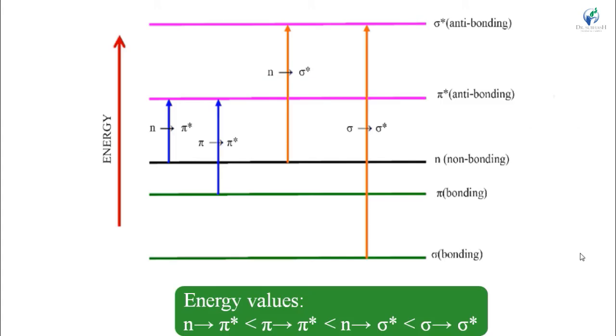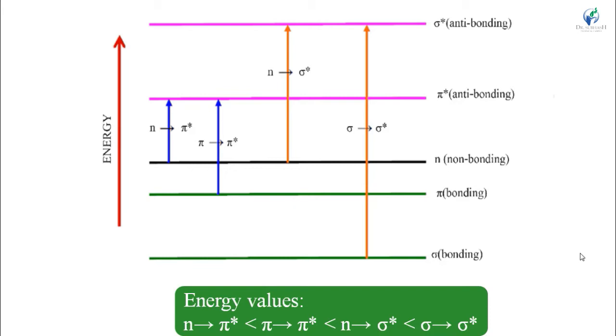See here, the orbitals and transitions are given. You can easily see them by following the orbitals. The first transition is n to pi star, meaning the electron goes to the pi star orbital from the n orbital. The second transition is pi to pi star, meaning the electron goes from the pi orbital to the pi star orbital.